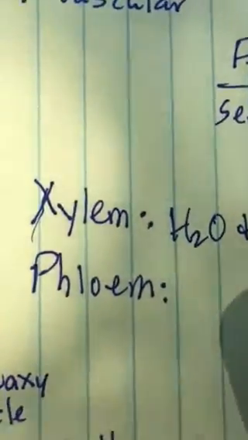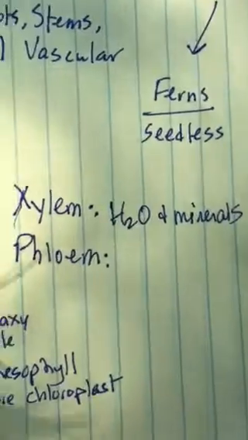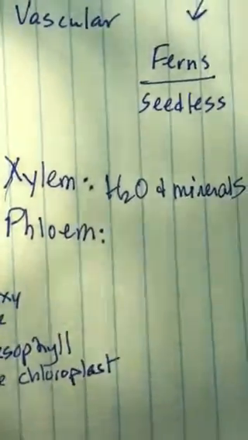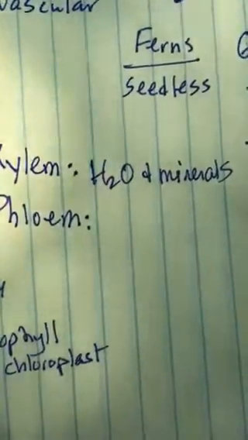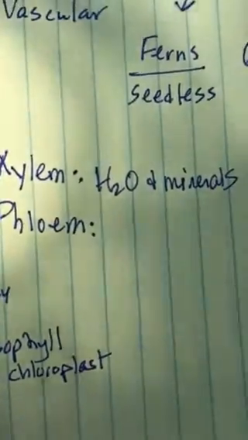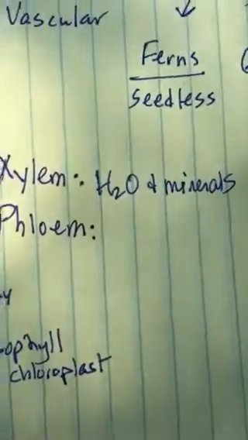Okay, xylem carries water, their cells, and minerals, which means the roots of a plant have a ton of this in them, because that's where most of the water and minerals come from, those organs for the plant. Okay, and then phloem carries glucose, sugars.